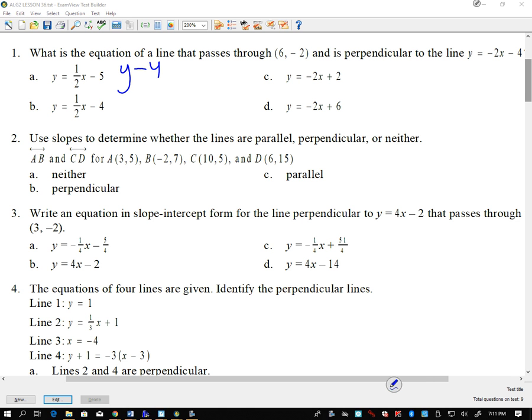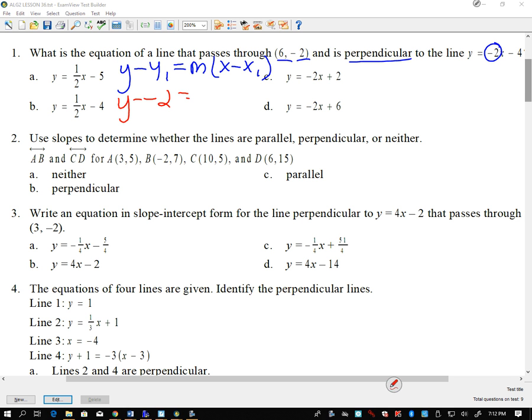So y minus y1 equals m times x minus x1, right? Perpendicular means I want the opposite reciprocal slope to negative 2. And my y1 is negative 2, my x1 is 6. So I just go about plugging those numbers into those places. So I get y minus, in this case, negative 2.